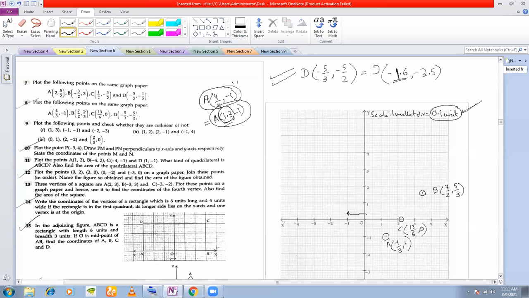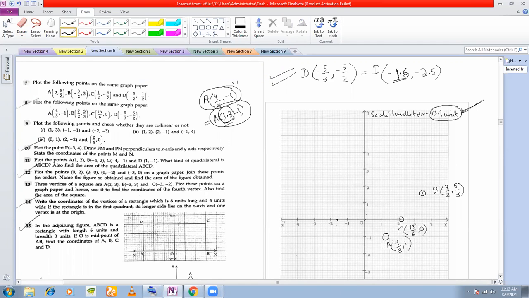Now we have to move 0.6 distance. What is the 0.6 distance? Each division is 0.1. So how many divisions do you have to move? 6 divisions. That means you will have this point. You have reached here. Let me just mark it here.